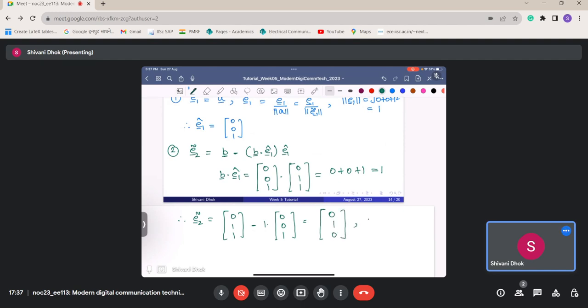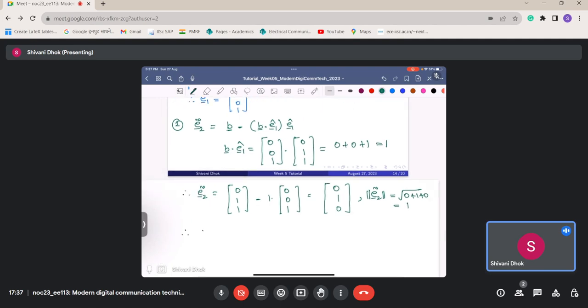Now the norm of this e2 tilde is basically equal to the square root of 0 plus 1 plus 0, which is equal to 1. Therefore, this e2 hat, which is simply e2 tilde upon the norm of e2 tilde, is equal to (0, 1, 0).